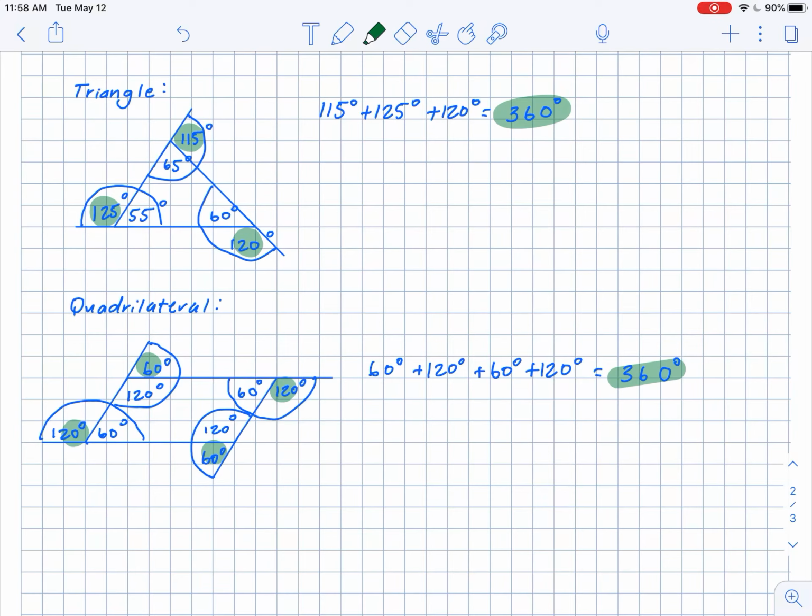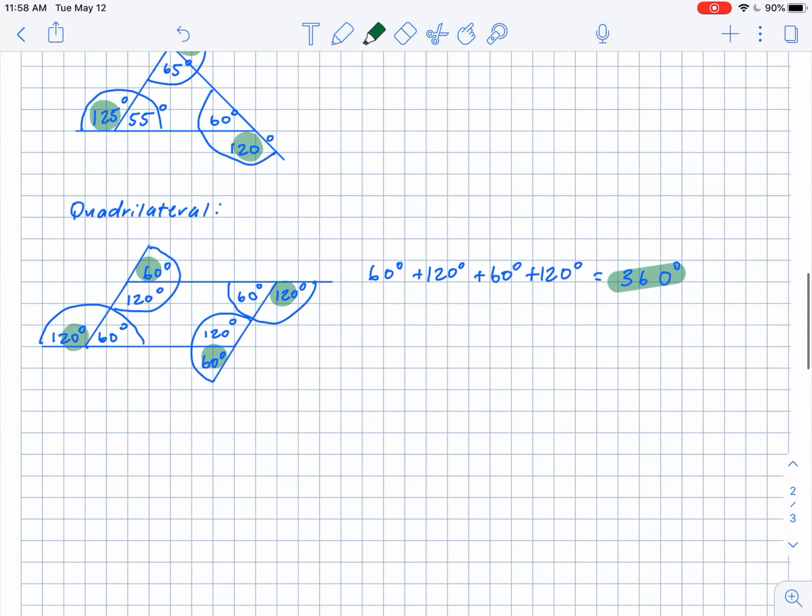Okay? So, what do you notice between the triangle and the quadrilateral? The sum of exterior angles are both 360 degrees. And this is going to be true for all convex polygons, okay?